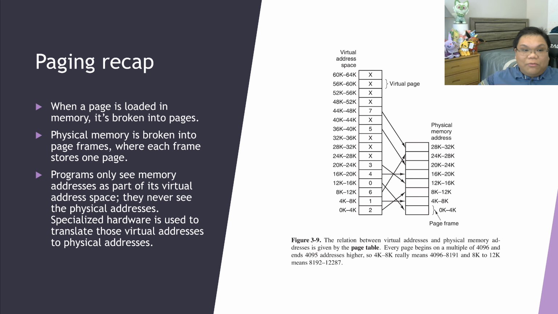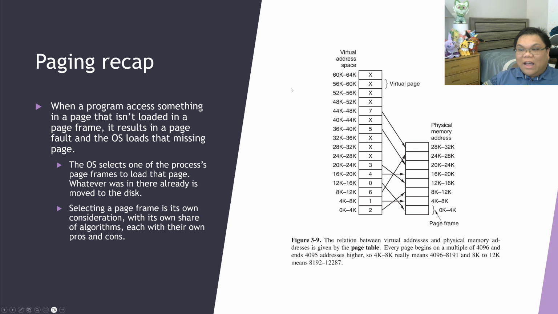If a page being accessed was not in memory, then that results in what is called a page fault. The OS then must send an I/O request to the disk to load the missing page. Then it must select a page frame in which to load the missing page. There are algorithms for this as well.